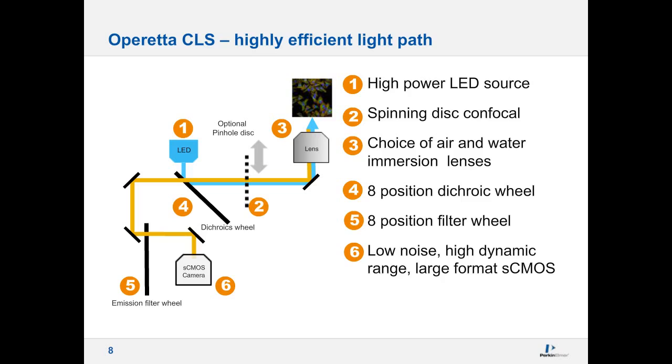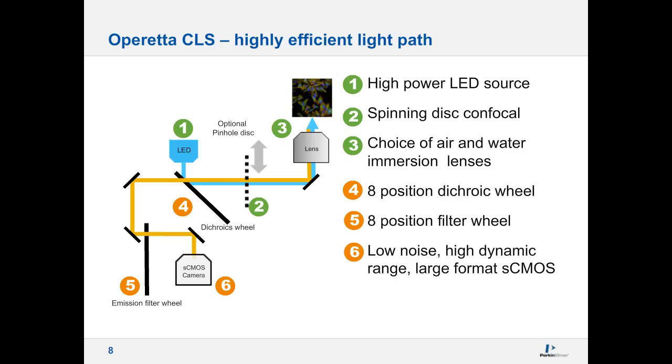During this talk, I'm going to talk a little bit more about the light source, which we now use a high power LED source, which is directly coupled into the light path. We're going to talk a little bit about the spinning disk confocality and what that delivers to the type of applications we're talking about. And we're talking about the objective lenses, which play a crucial role both in delivering light and collecting light from the sample.